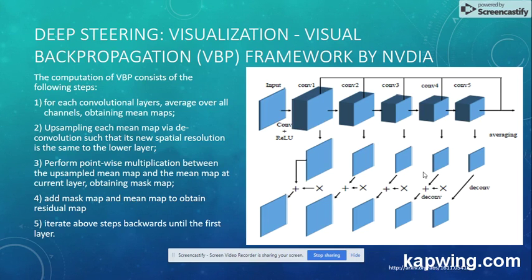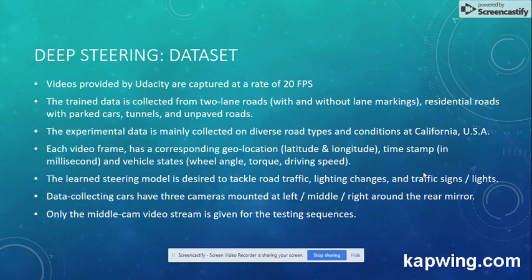Now, perform a point-wise multiplication between the upsampled mean map and the mean map at the current layer, thus obtaining a mask map. Now, the mask map and mean map are added to obtain a residual map. This is the final output, and it is iterated through all the above steps backwards until the first layer.